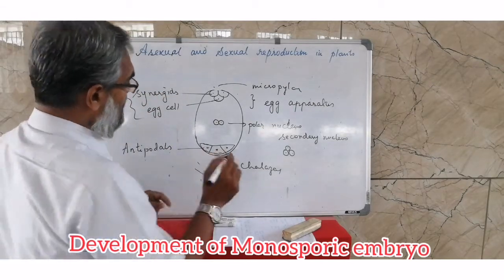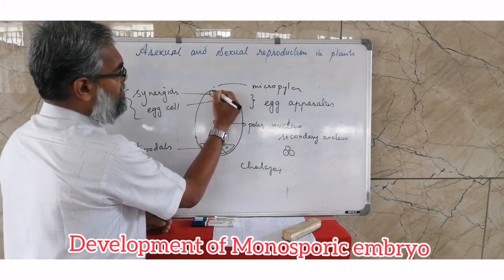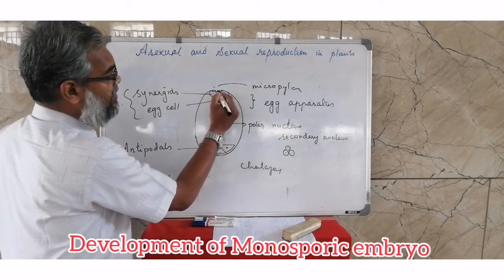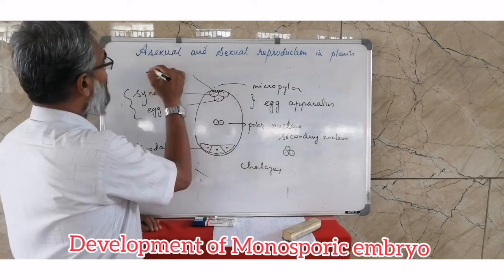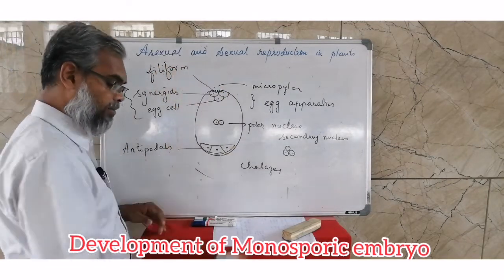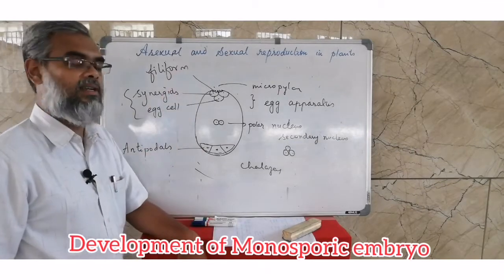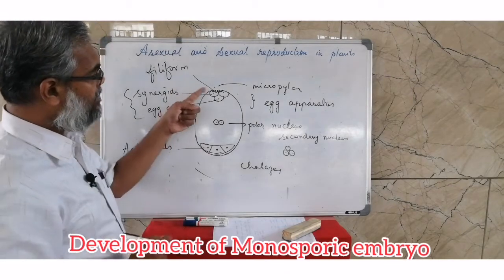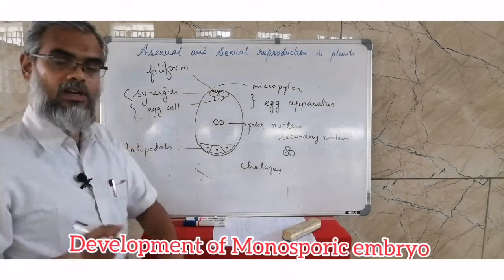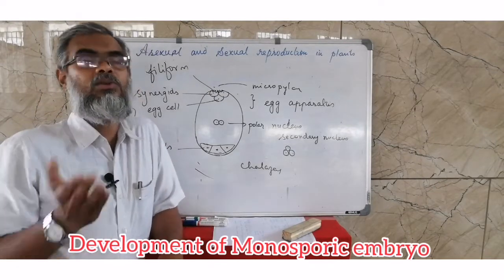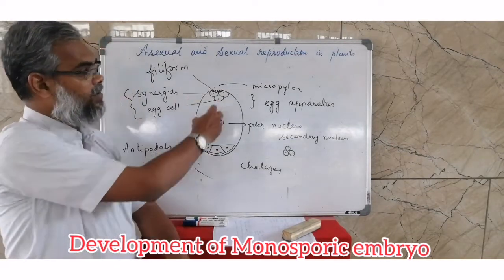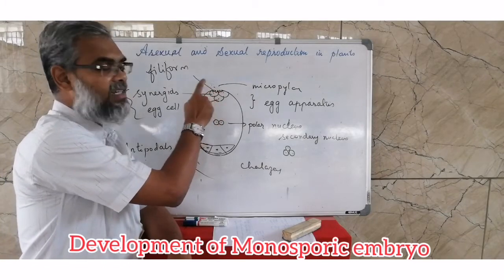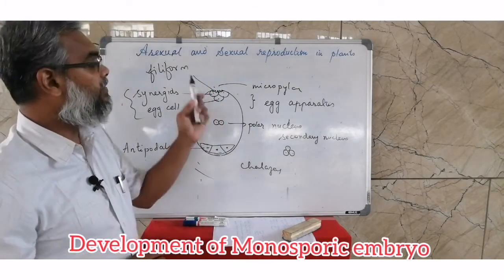That is point number 1. In the same way, near the synergids there will be some special cellular thickenings. They are called the filiform apparatus, which is used for the absorption and conduction of nutrients from the nucellus to the embryo sac.